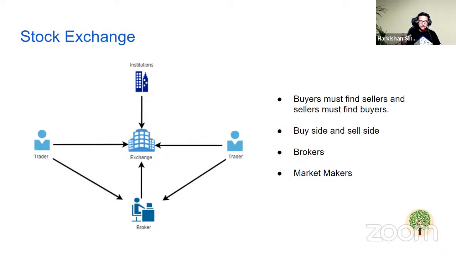Liquidity is like, if you want to buy a certain asset, that asset must have sellers. So if there are high numbers of sellers for that asset, you call that a very highly liquid asset. So you go there, you can buy that asset.